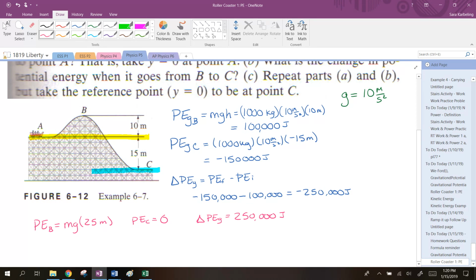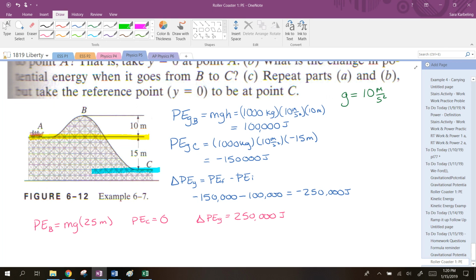So this is the nice piece of the story, okay? The nice piece of the story is, regardless of whether you follow the instructions and take H equals 0 here, or you're going to be silly and put H equals 0 here, or you can put H equals 0 wherever you want, you can put it up at the clouds, it does not matter.